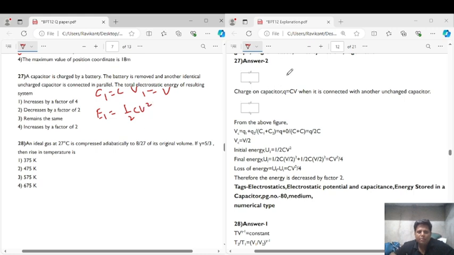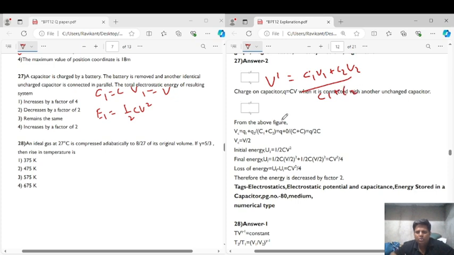Now an identical capacitor has been connected to it, so the common potential V dash will be equals to, see another capacitor is uncharged, so its voltage will be 0. So using the formula C1 V1 plus C2 V2 upon C1 plus C2.